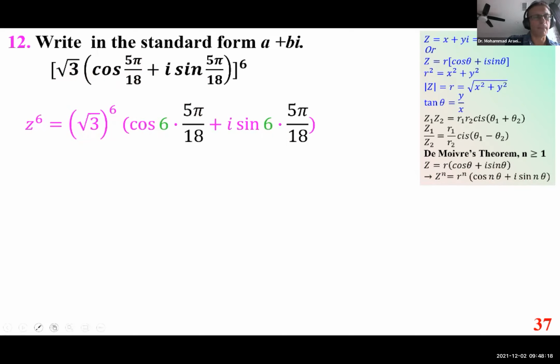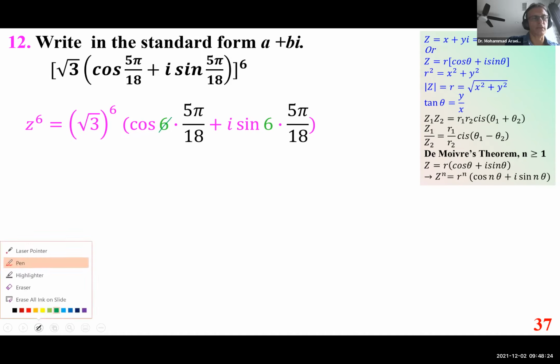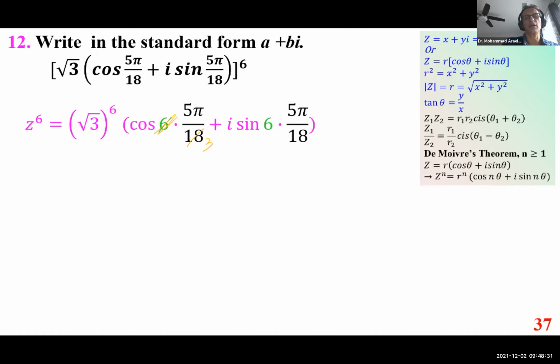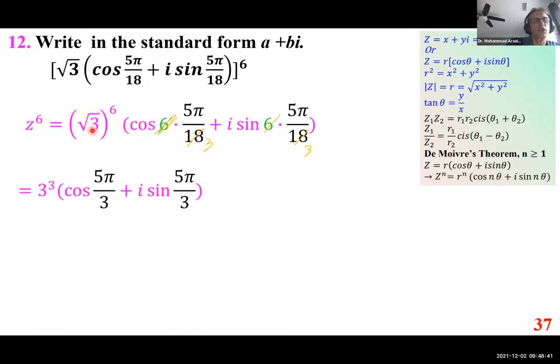Clearly, this one goes away, this one becomes 3, right? The same thing happens here. Now, the square root of 3 to the power of 6 is the same as 3 cubed. I hope you realize that, because this is 3 to the power of 1/2, and 1/2 times 6 is 3. Now, everybody knows 3 cubed is 27.